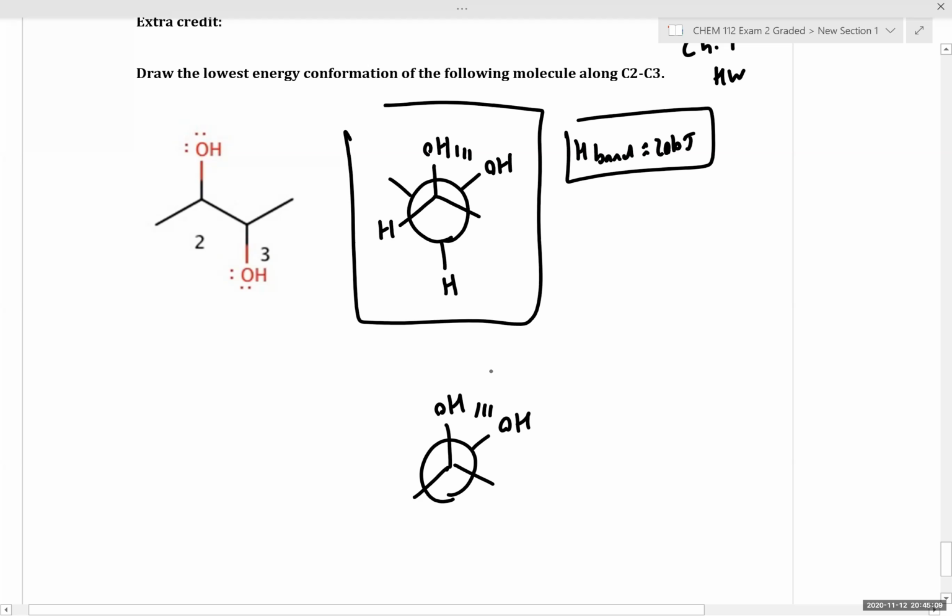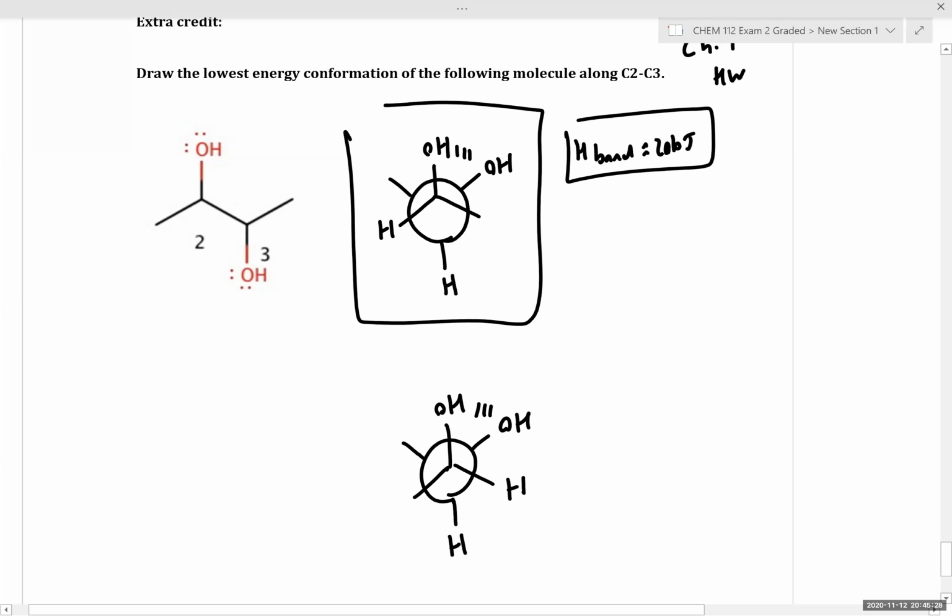So the anti structure is actually higher in energy than the gauche. That's why this example is so cool. You can also see this if you have a carboxylic acid, same principle. Okay, so there are a few permutations of possible answers.